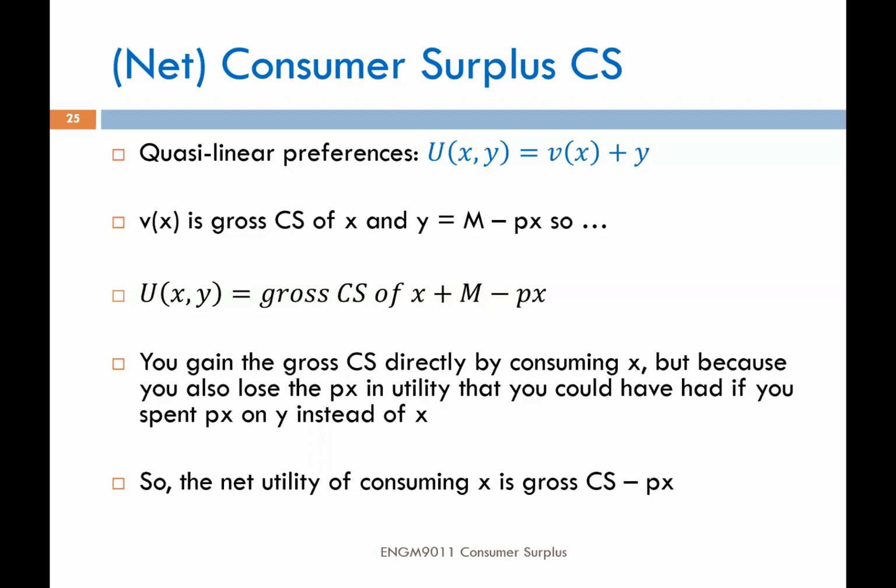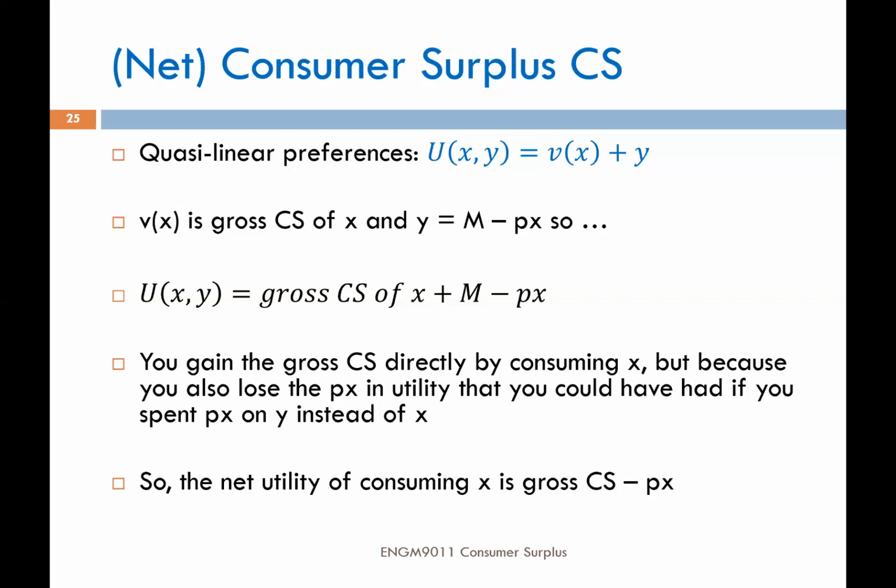All right. So put it together, and we see that your utility of the bundle XY, plugged into the quasi-linear utility function, is equal to the gross consumer surplus of good X. That's the total utility you get from good X, equal to the maximum willingness to pay for good X, which is the area underneath the demand curve from X equals 0 up to X units of X. And then the utility you get from good Y is M minus PX.